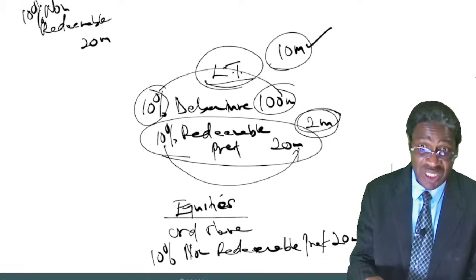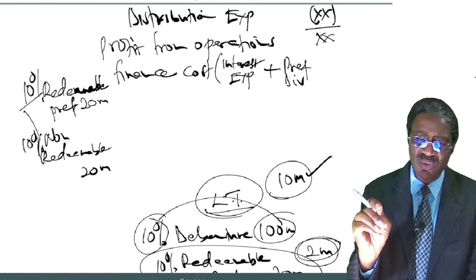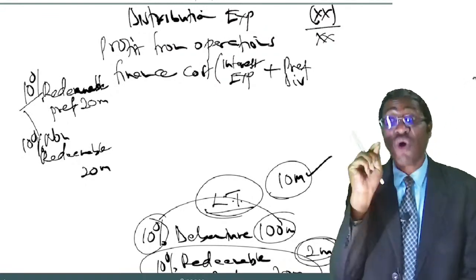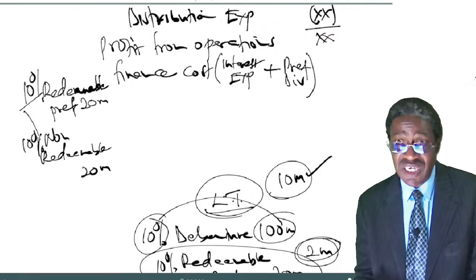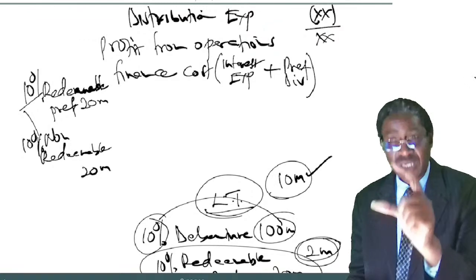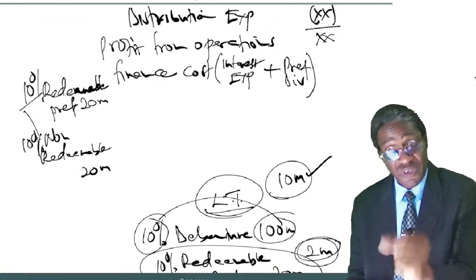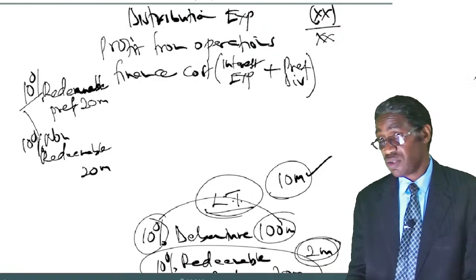So get the point there, that the preference dividend I was referring to, which should be considered as a finance cost, is the preference dividend on the redeemable preference shares.